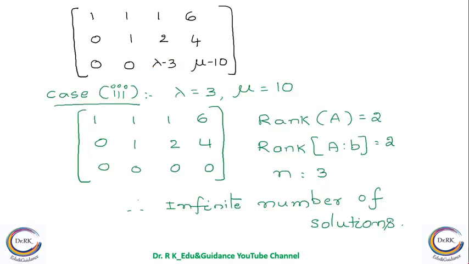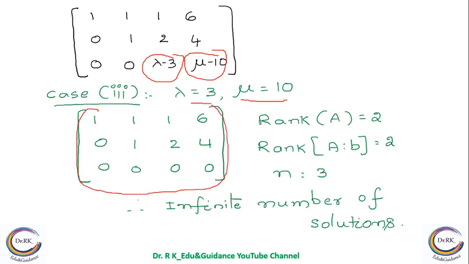Now third case. If both are zeros, then what happens? That is the question. That means if lambda equal to 3 and mu equal to 10, then this becomes 0, this becomes 0, right? This is what we get. Now if you take the complete matrix, the augmented matrix, this is a non-zero row, this is a non-zero row, this is a 0 row.